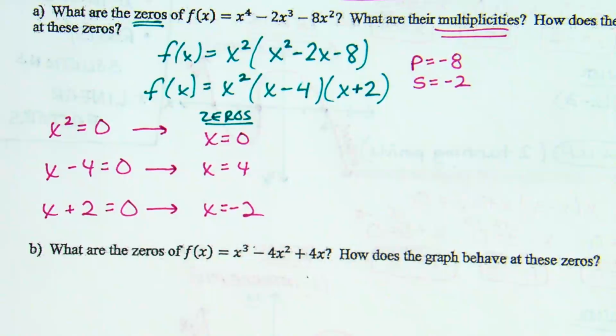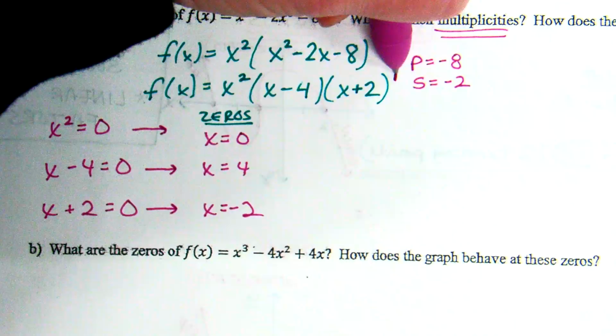Now, multiplicities. It's equal to the power of that factor. Let me work backwards. X plus 2 has what power outside here? An invisible 1. So x equals negative 2 has a multiplicity of 1.